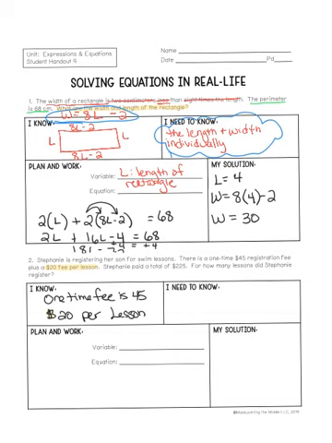So what is it I'm looking for in this problem? I want to know how many lessons did she pay for? Okay. So in order to do that, I need to plan and show my work. So the variable, I can make it X, I can make it H, I can make it whatever I want. I'm going to make it L for lessons.